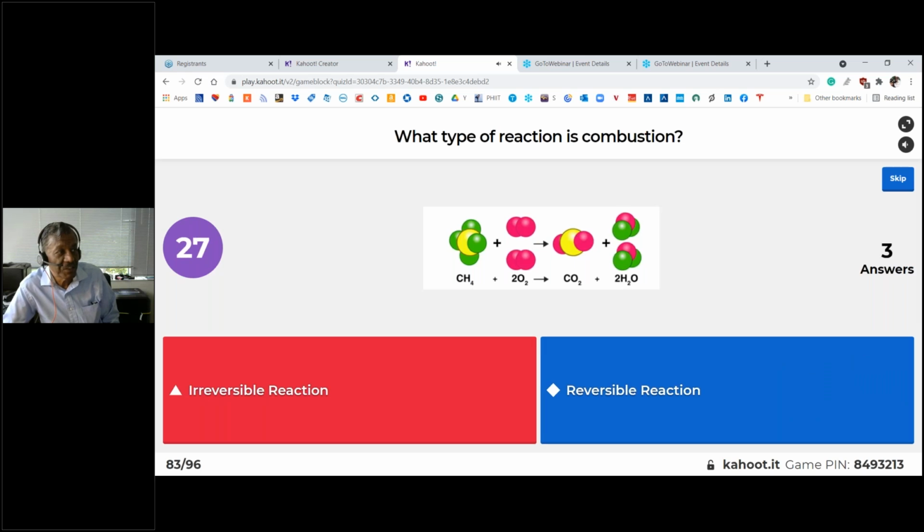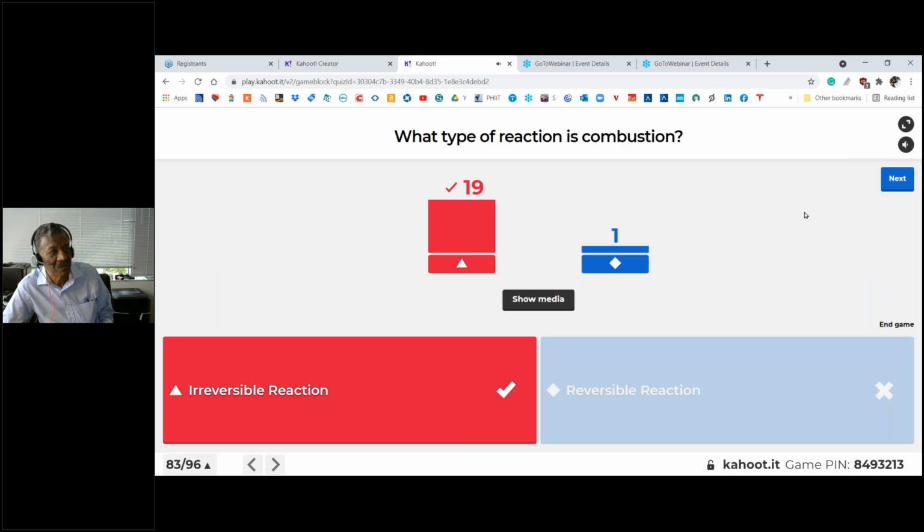What type of reaction is combustion? Is it reversible? Can we go back? Or is it irreversible? It's an irreversible reaction. Actually, combustion reaction is an irreversible reaction.